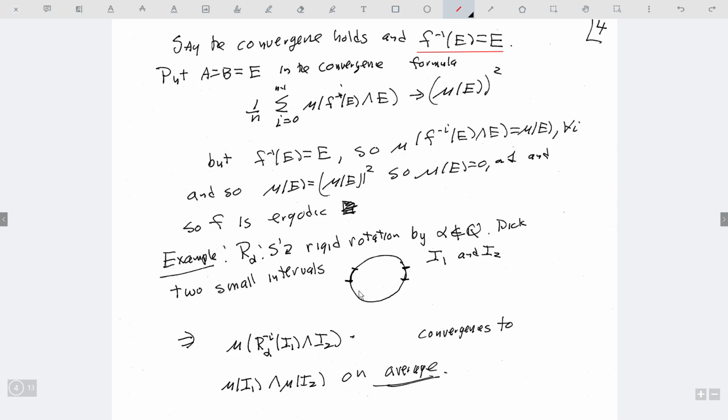But it comes around here and eventually it bangs into it, like here, comes around, then bangs into it here. And it's saying that the amount of overlap on average is the product of these two measures. So on average, the amount of time it spends in this other guy is the same as their relative size multiplied together.